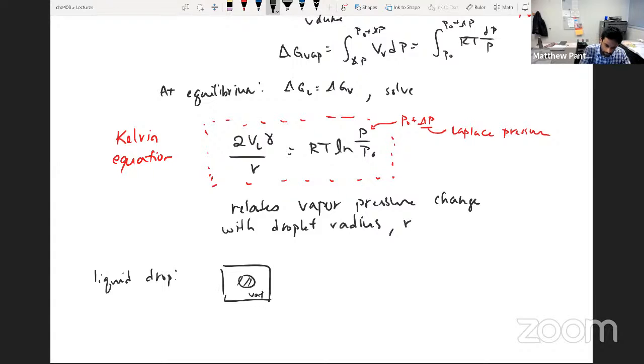Since for this droplet r is greater than 0, the pressure that we have in our system is going to be greater than the P naught, where P naught is the vapor pressure for the bulk liquid. The vapor pressure is higher for the droplet.